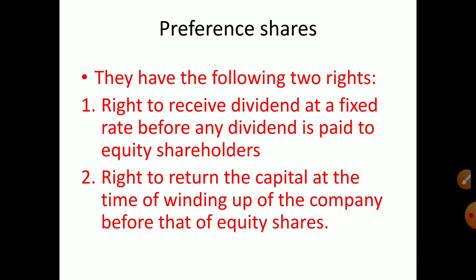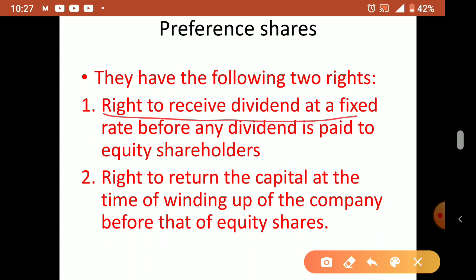So preference shares. What do you mean by preference shares? They are getting something as preference. So what is the preference? First preference is right to receive dividend at a fixed rate. Usually we say 6% preference share, or 5% preference share, 4% preference share, 10% preference share.